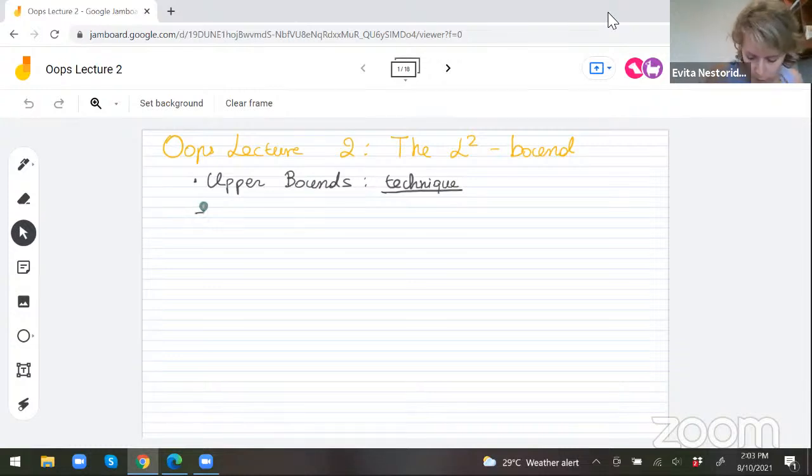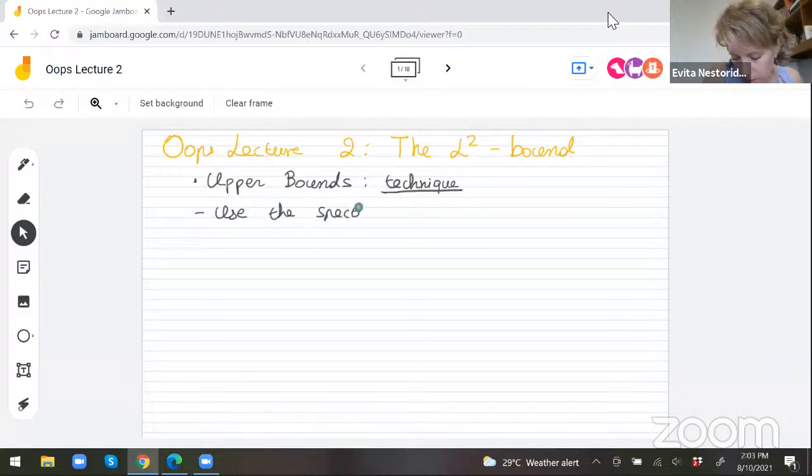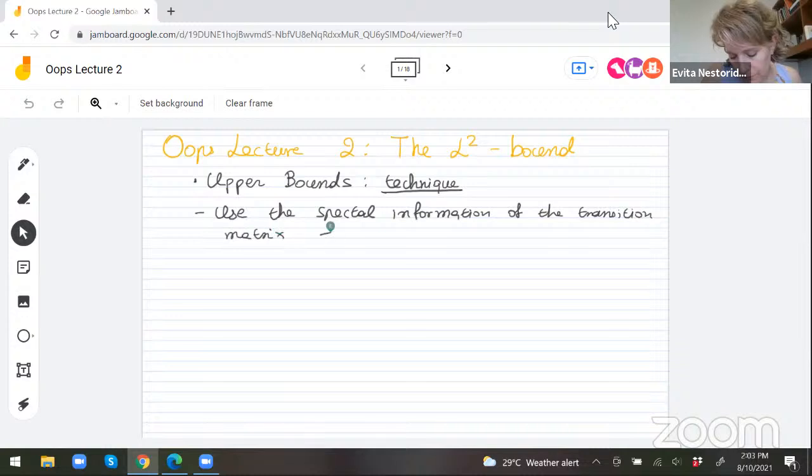So let's write that. We're going to use the spectral information of the transition matrix today. And our hope is to get sharp answers.